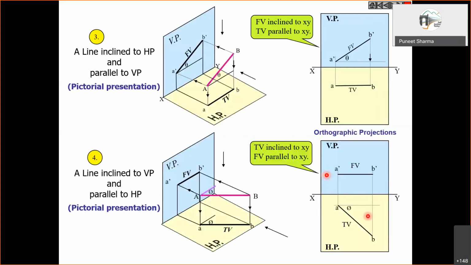That's what we have. So the line here is parallel to the horizontal plane, and the front view then is parallel to the xy line. Although it is a reduced length, not the true length, it is parallel to the xy line. Likewise, when this line is parallel to the vertical plane, then the top view is parallel to the xy line.